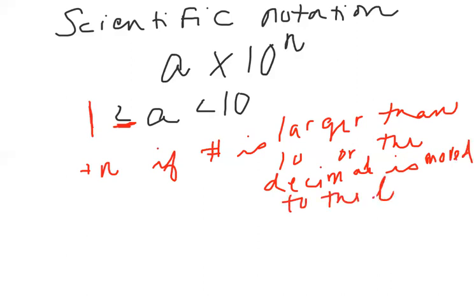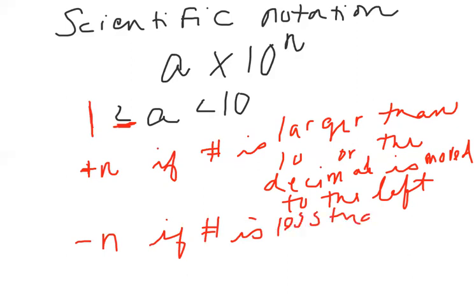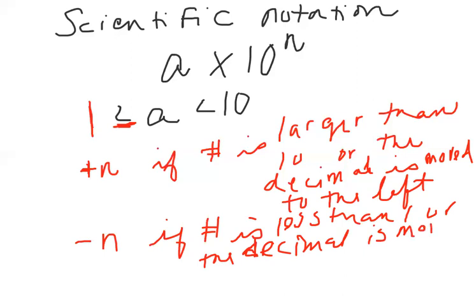So if you move the decimal to the left or the number is greater than 10, then you're going to end up with a positive exponent. However, if the number is less than 1 or the decimal is moved to the right, then you'll have a negative exponent.